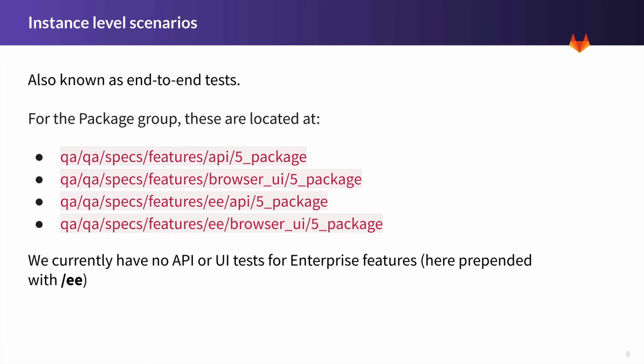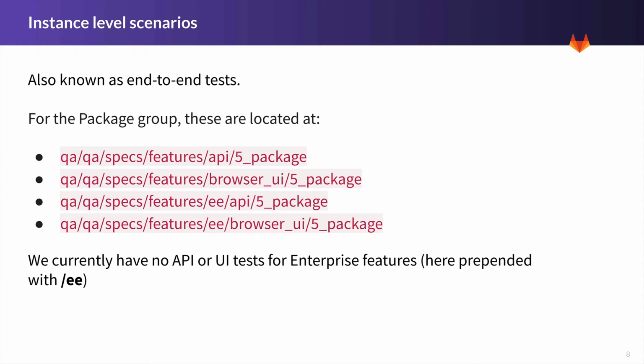And for package, they are located within the QA specs feature, and then we have separated folders for API tests and for browser UI tests, so tests that use not only, but mainly the UI to do the verifications. And we have also the Enterprise Edition feature separated in another folder.